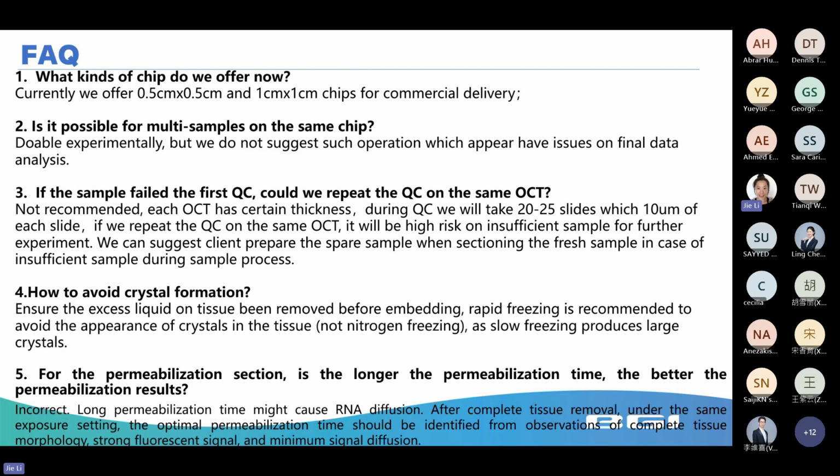Normally for the permeabilization time we have 4 different time slots, and we will pick the most optimal time slot for our further experiment.